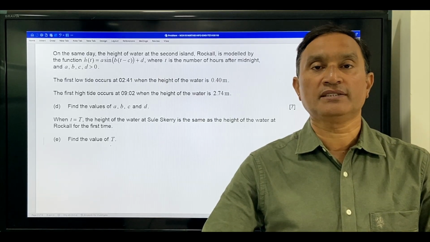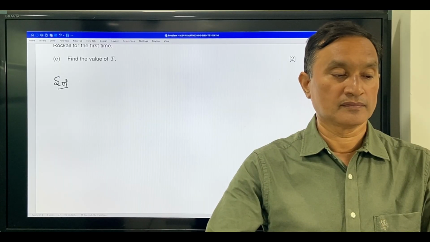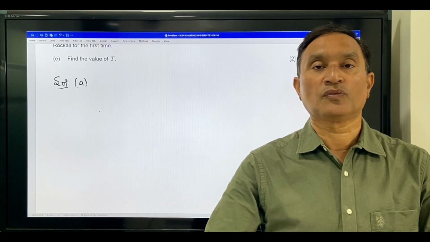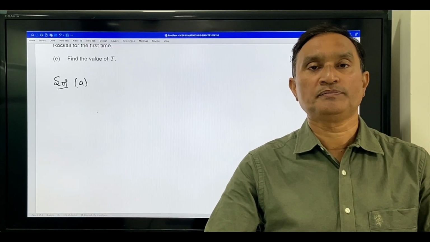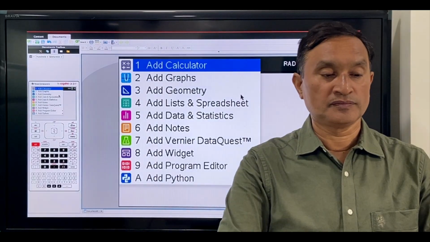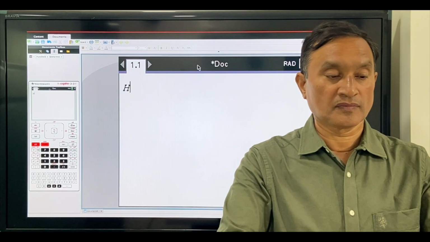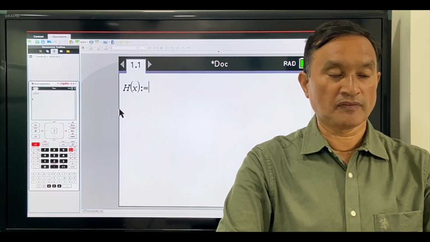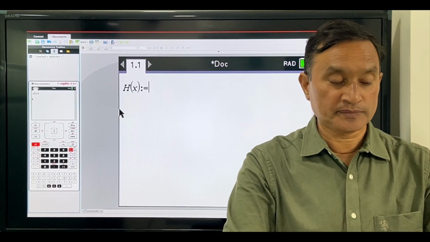Now the solution. With the help of a graphic calculator, we will solve this problem. New, add calculator. We will store the entire function in f of x.